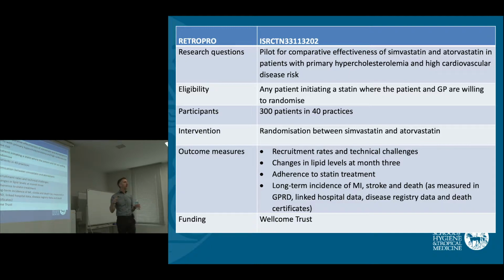So the patient definitely needed a statin, and then the GP could randomise them to one of these two statins, which you would think was a fairly simple thing to do, a fairly simple thing to get agreement on, and that the regulatory hurdles would be low in order to do this kind of study.